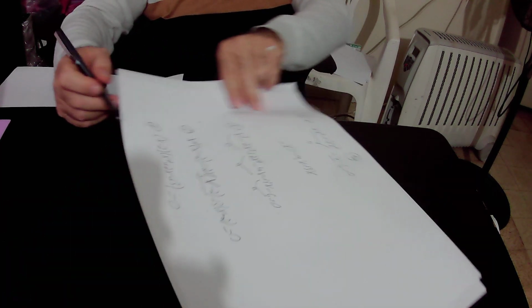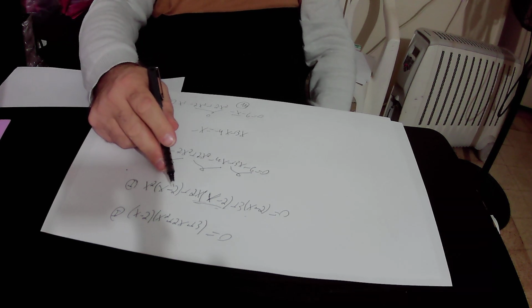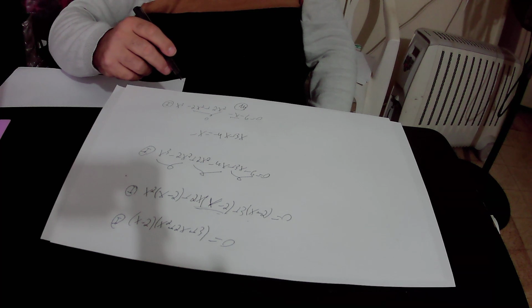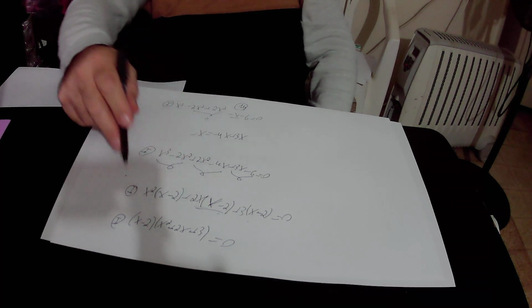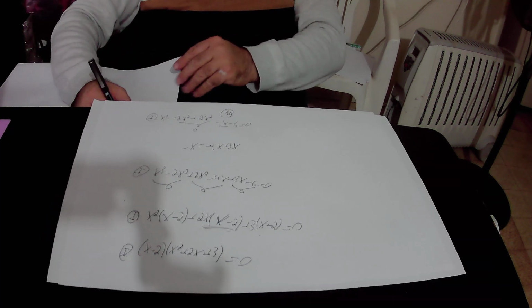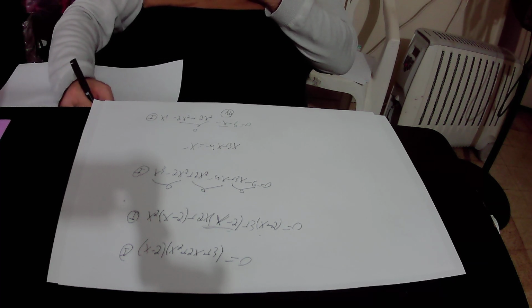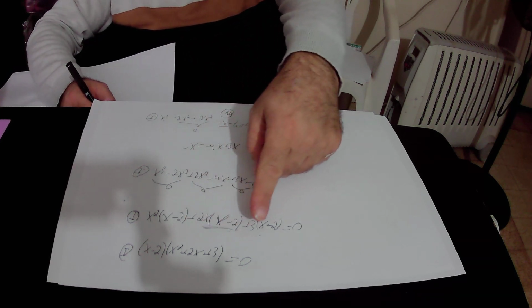So we got this equation number 1, that x minus 2 times x squared plus 2x plus 3 equals to 0. So here we will have two possible solutions to this equation number 1. The first solution will be that x minus 2 equals to 0, and then 0 times any expression will be equal to 0.